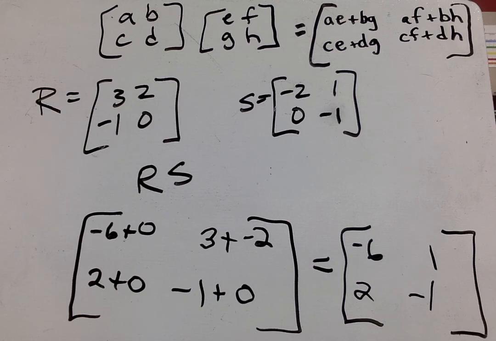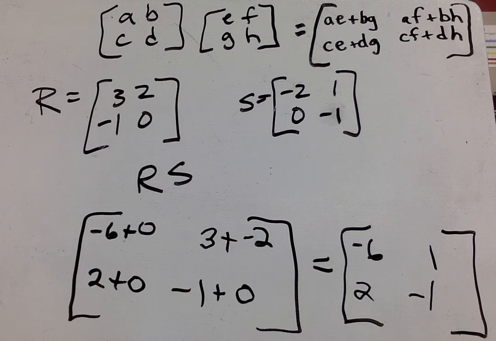K equals -3, -1, 2, -2, and 2, 0. So it is a 2 by 3. And L equals 1, -2, 4, 3, and 0, -1.